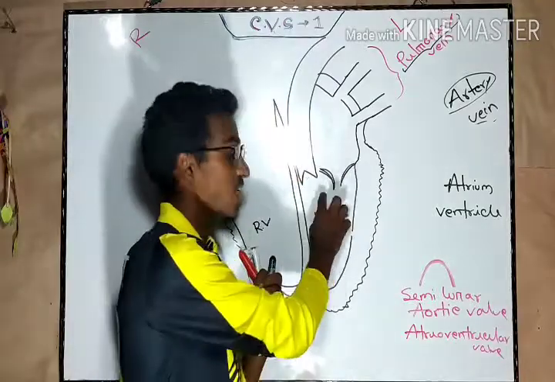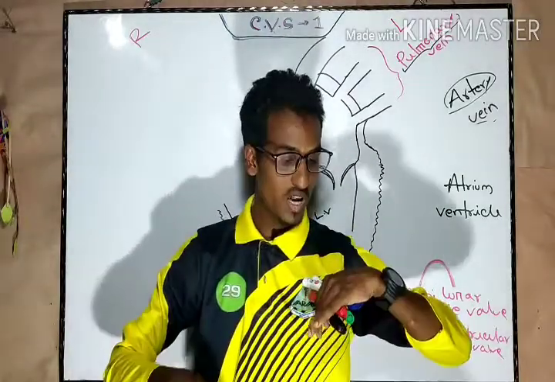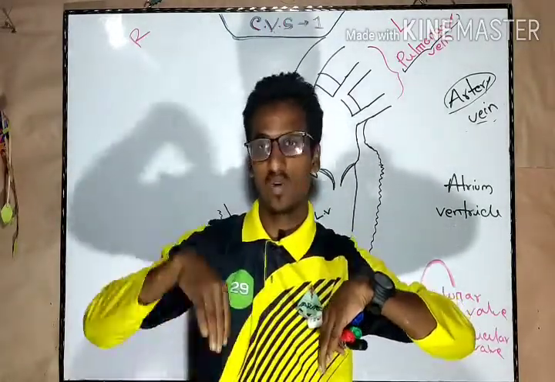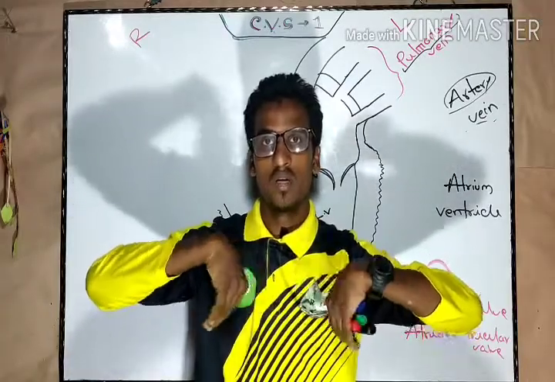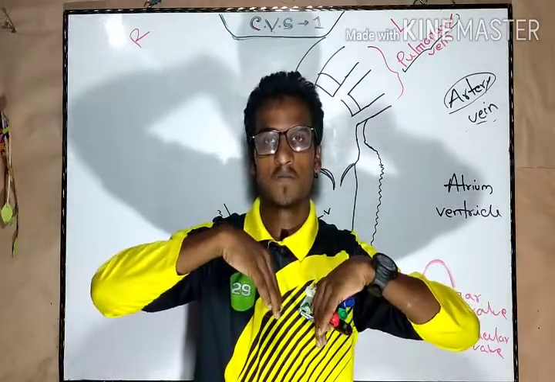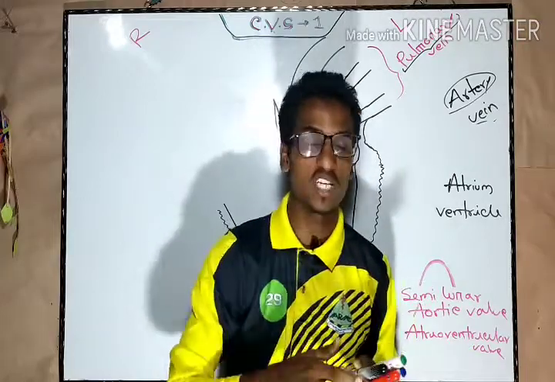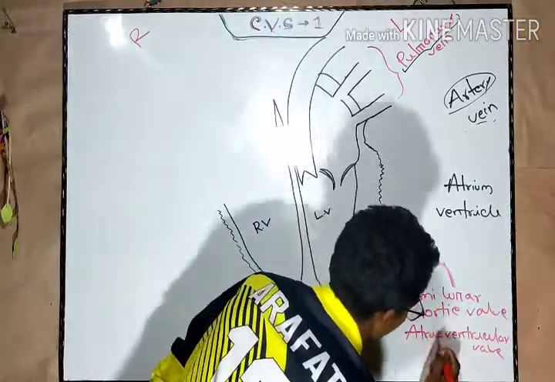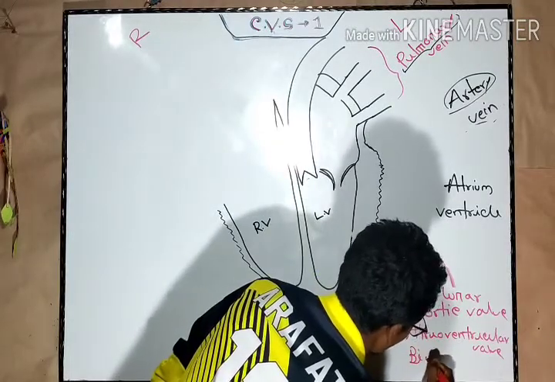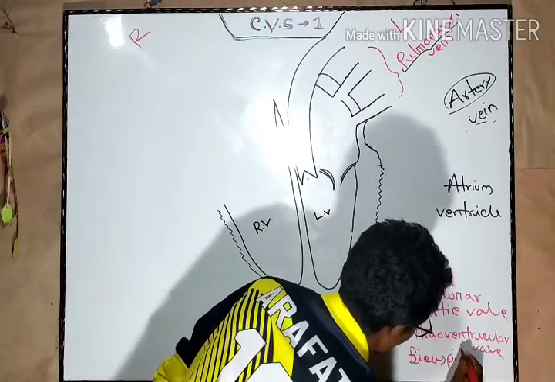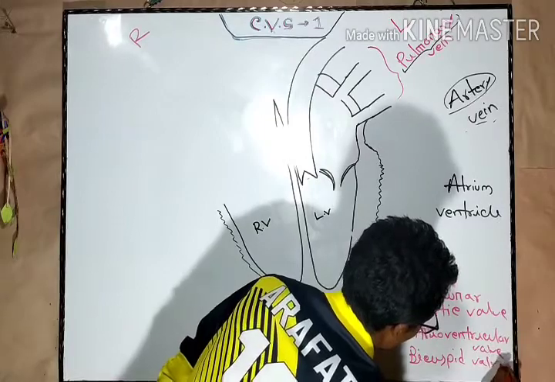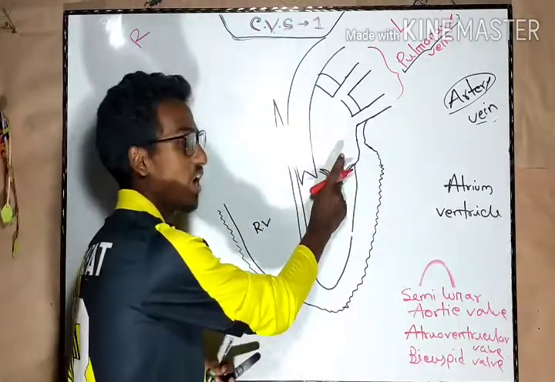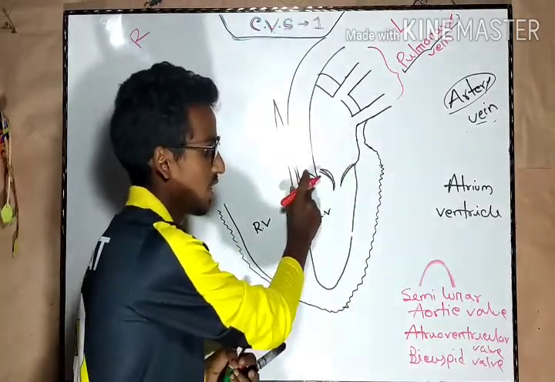One cusp looks like that, and another cusp looks like that. Two cusps, so it is called the bicuspid valve. So this is the bicuspid valve and this is the aortic valve.